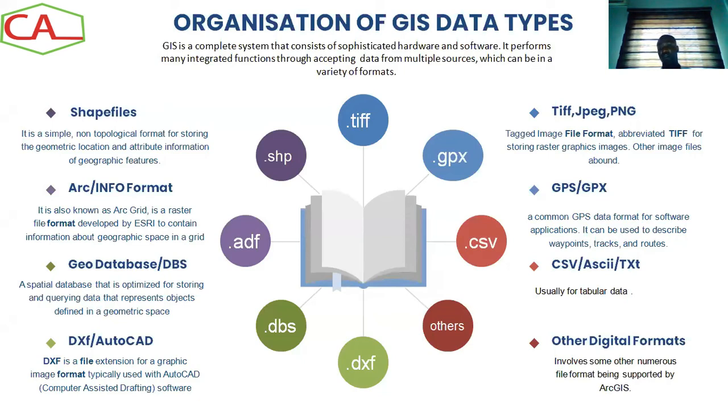The essence of knowing some of these strings is for us to know that this particular software can accept data in this format and in the other. Then we'll have the CSV, the ASCII files, and the text files, and other digital formats.